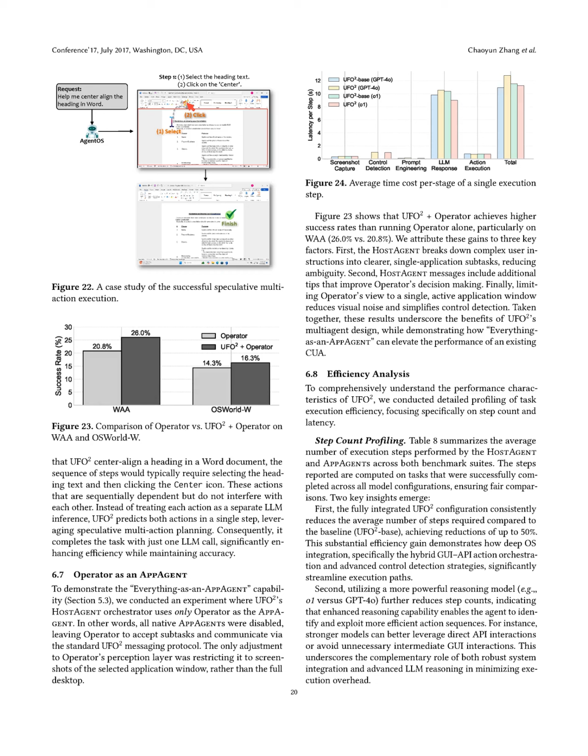In contrast, UFO2 introduces a deeply integrated AgentOS that leverages advanced multimodal large language models (LLMs) to interpret user instructions and interact with applications through both GUI and native APIs, enhancing reliability and adaptability.